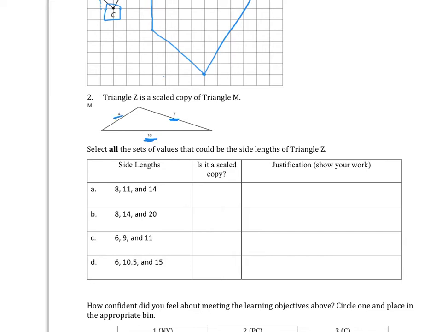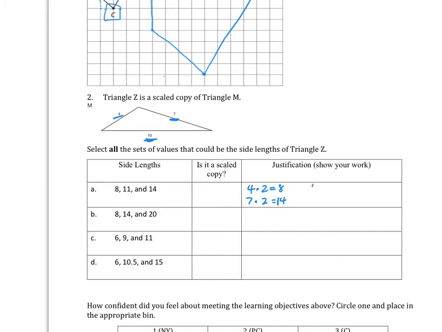Now, in option A, it says we have side lengths of 8, 11, and 14. Now, I know 4 times 2 is 8. So that means in order for this to be a scaled copy, the other 2 must also be multiplied by 2 as well. So 7 times 2 is 14.